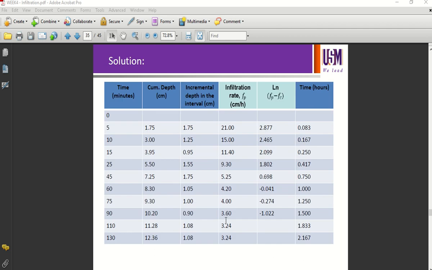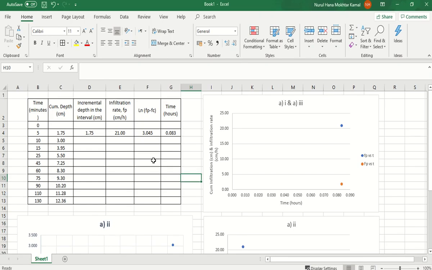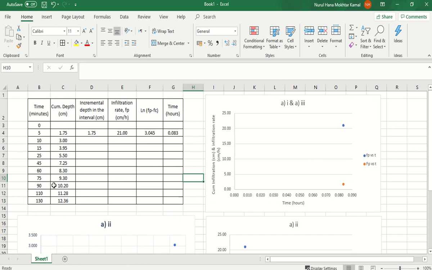In my slides I've given all these answers, but I'm going to explain it to you by using Excel. It might enlighten you a bit on how you get this data. From the question just now, you are given the cumulative time in minutes and the cumulative depth in centimeters.